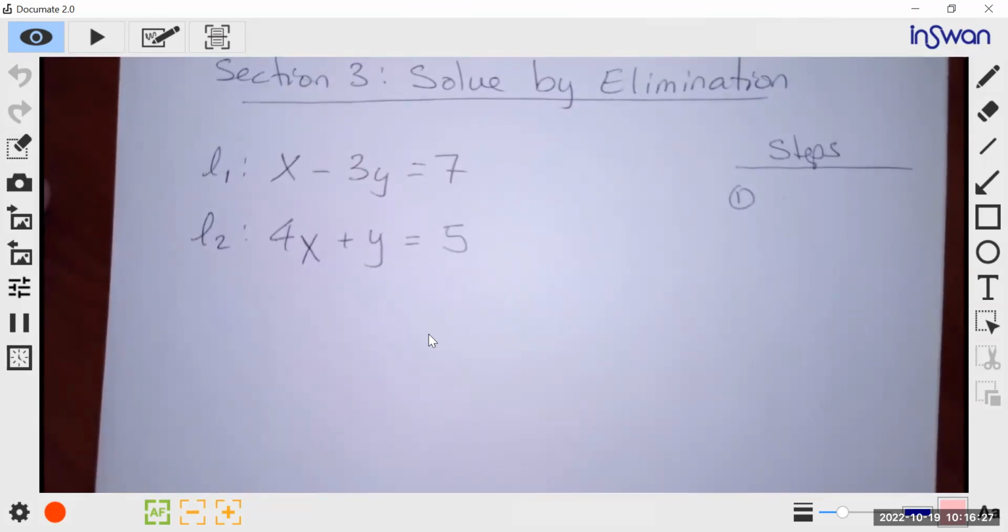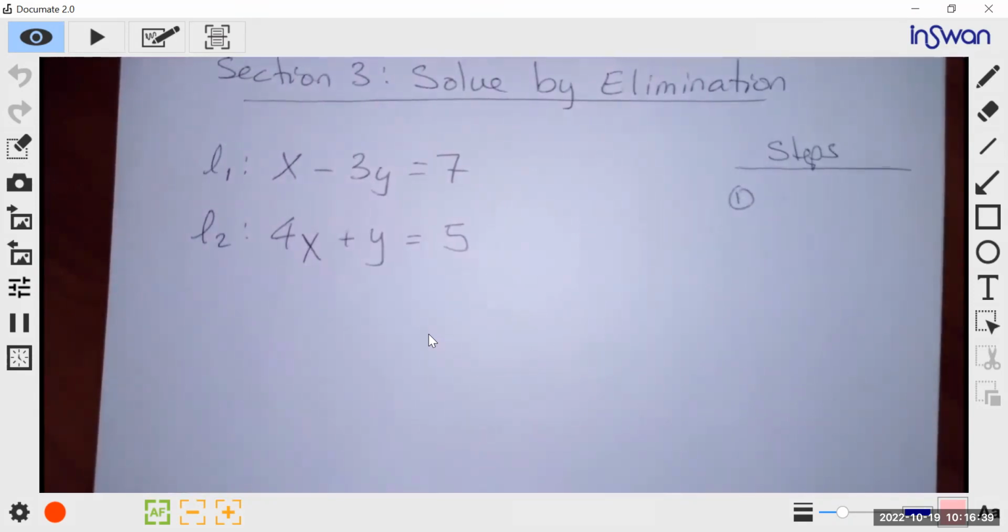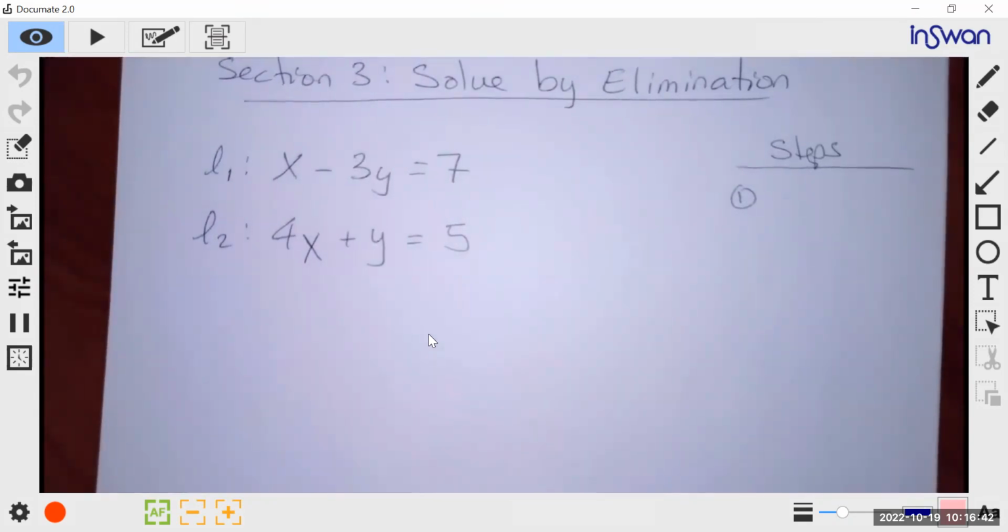The substitution method was we picked one of the lines, solved for a variable, plugged it into the other equation, and worked out that way. Now, in here, what we need are two coefficients to be the same number but different signs.